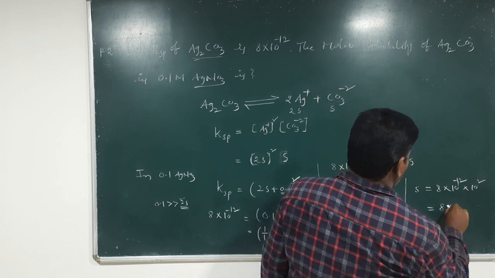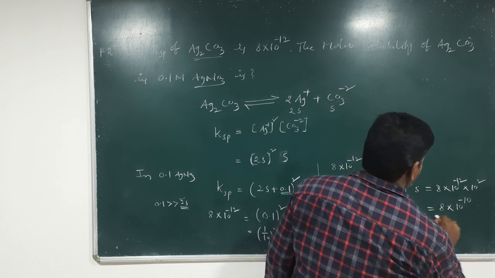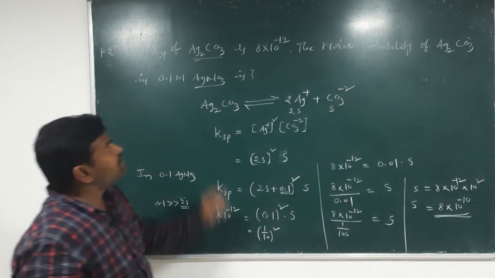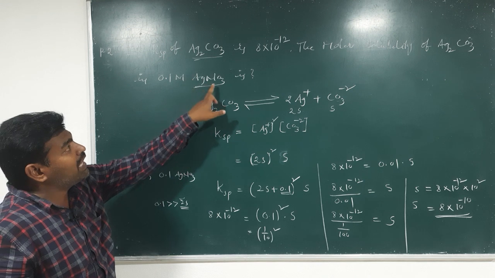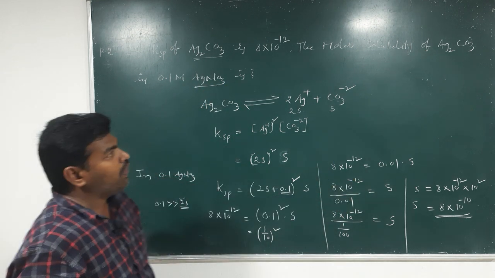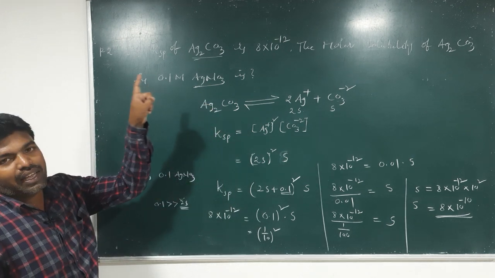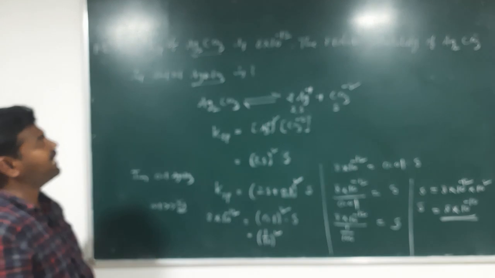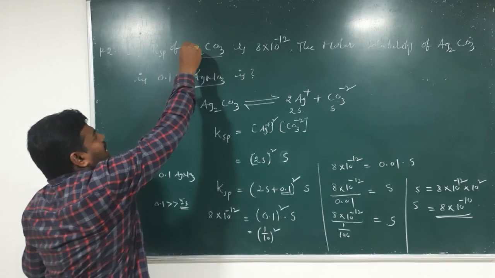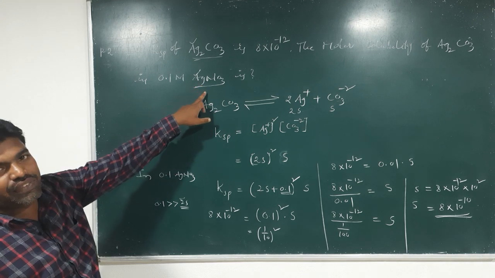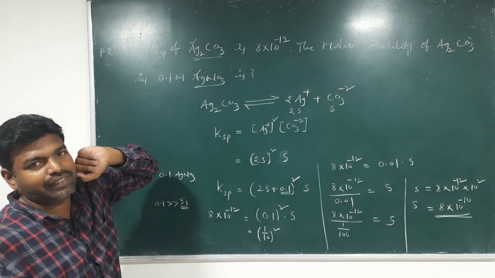So s is equal to 8 into 10 power minus 10. So the molar solubility in 0.1 molar AgNO3 is 8 into 10 power minus 10. This is an example of the common ion effect, where Ag plus is common to both.